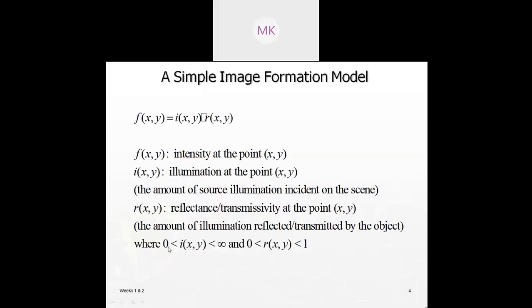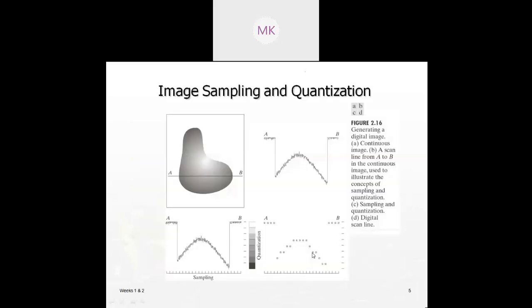The illumination i of x comma y varies from 0 to infinity, whereas r of x comma y should be between 0 and 1. So this is about image sampling and quantization.